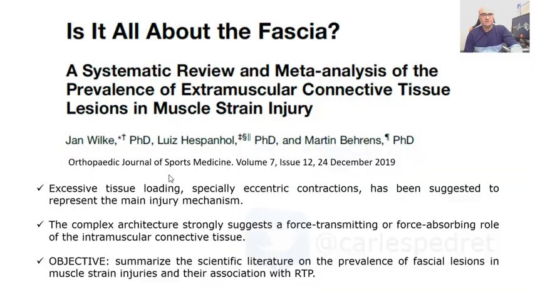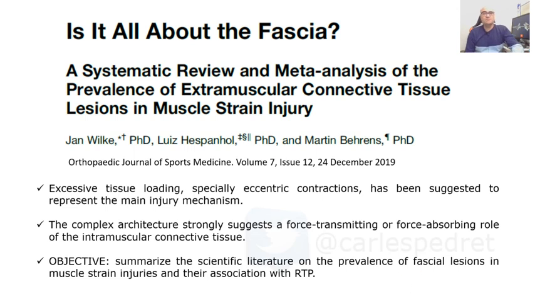It's an article published in 2019 in the Orthopedic Journal of Sports Medicine. It's a really interesting article talking about the fascial tissue, and it's a systematic review and meta-analysis.